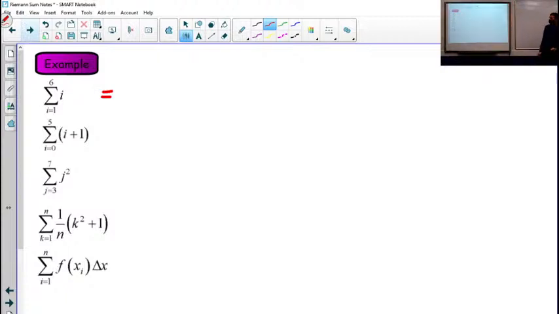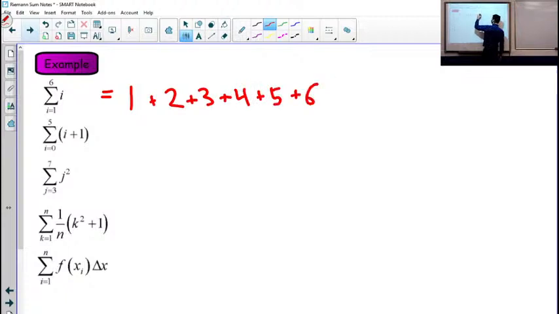So the sum from i equals 1 to 6 of i. Well, that means we're going to accumulate from 1 all the way up to 6. That's what we're going to be doing. So our first term is 1. Our second term is 2. Our third term is 3. Our fourth term is 4. Our fifth term is 5. Our sixth term is 6.